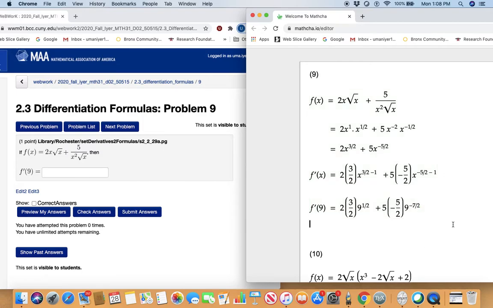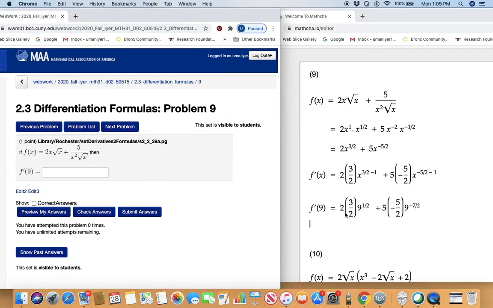And that's it. I'm not going to simplify this anymore. You can write here 2 times 3 halves, keep track of parentheses, and now I'm going to have 9 power 1 half, so I'll place the 1 half in parentheses.